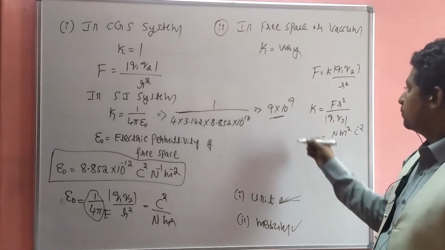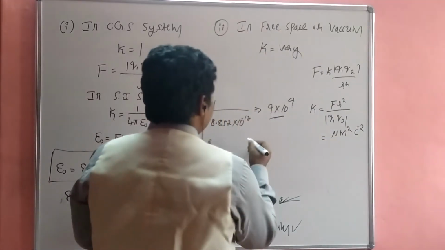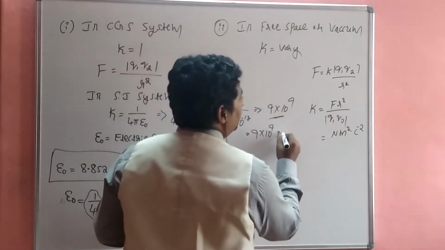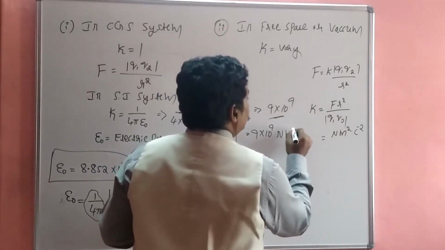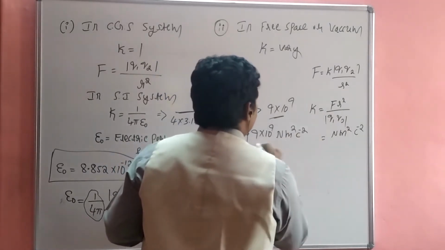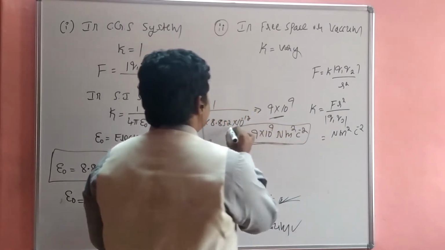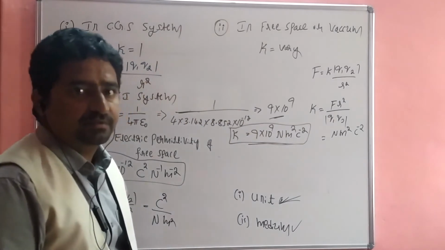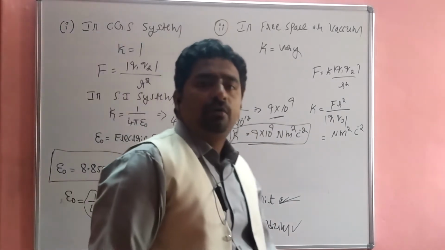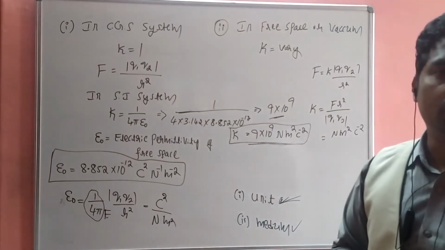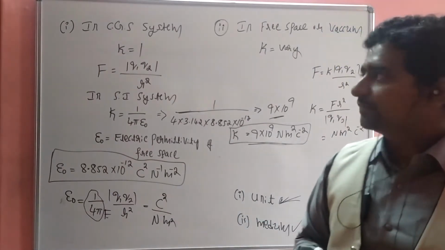So the unit of this value is 9 into 10 to the power of 9 Newton meter square per Coulomb square. That is the K value in case of free space. These are the important values for solving the numericals.